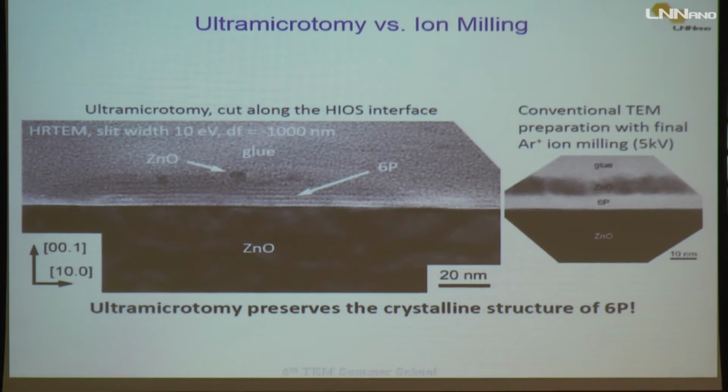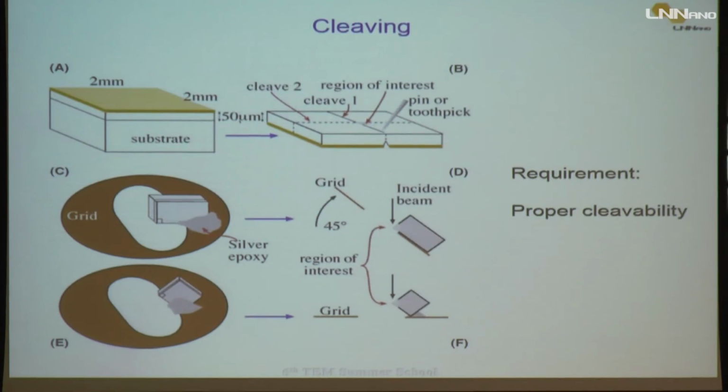Why? Because the argon ions will amorphize the material, will change the physical structure of the material, and you lose the crystallinity. Okay? This is just to show a comparison.